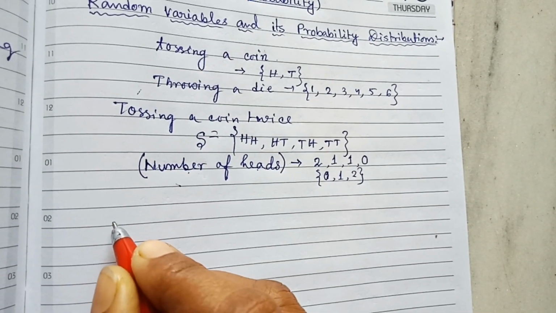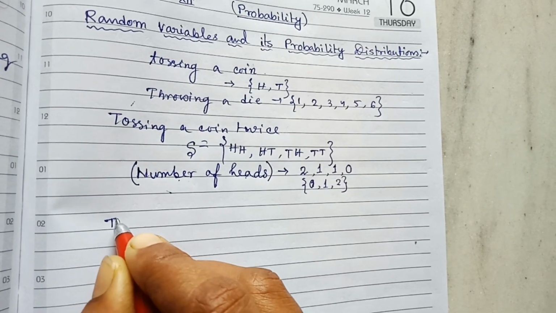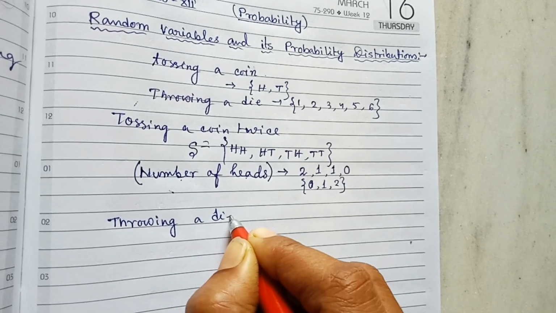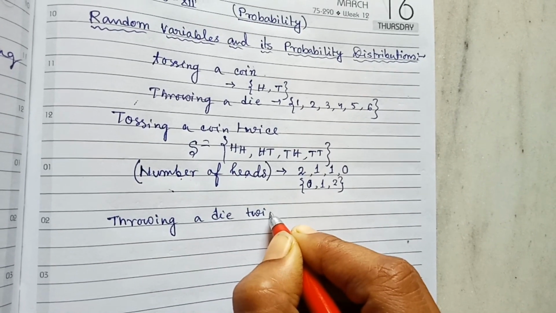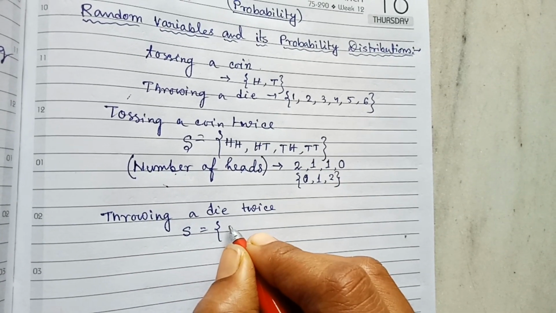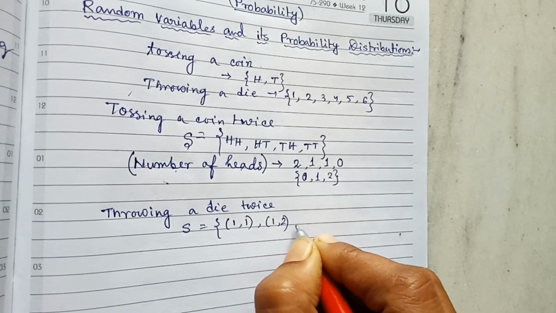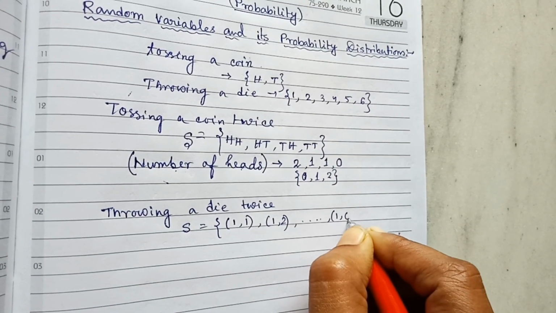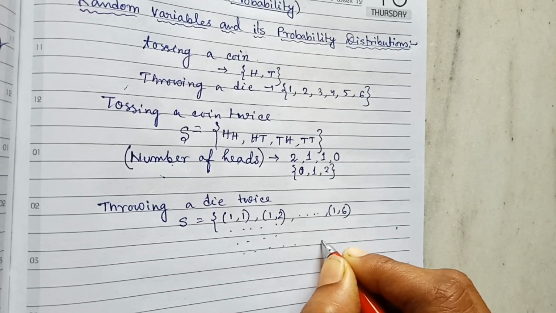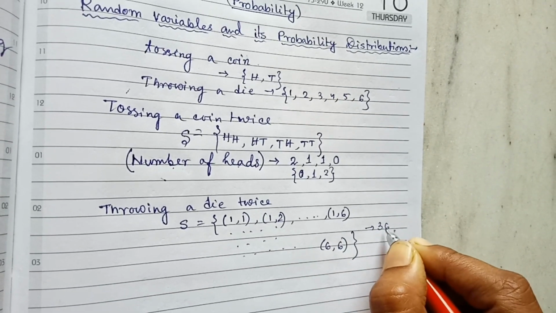Now let us take an experiment. Suppose throwing a die twice. What will be the sample space? The sample space will be, you all know, (1,1), (1,2), like (1,6), and then dot dot dot, ultimately up to (6,6). Here there are 36 elements.